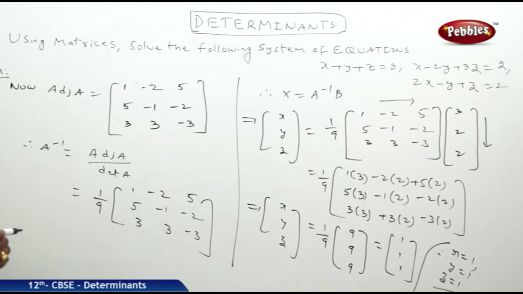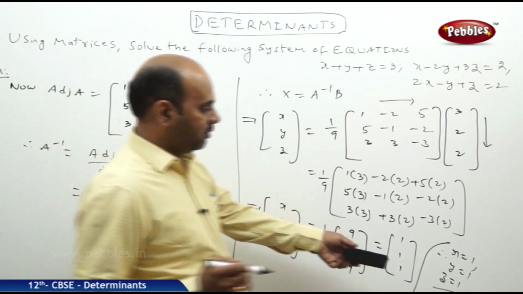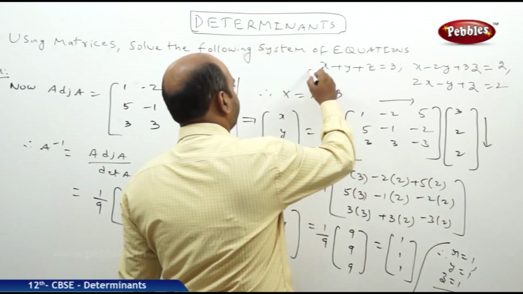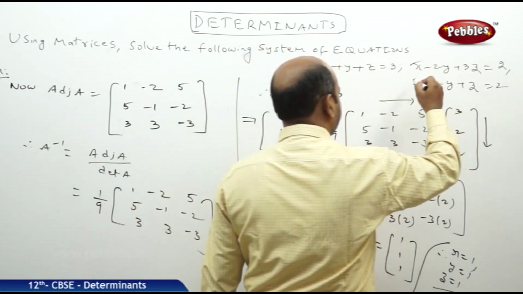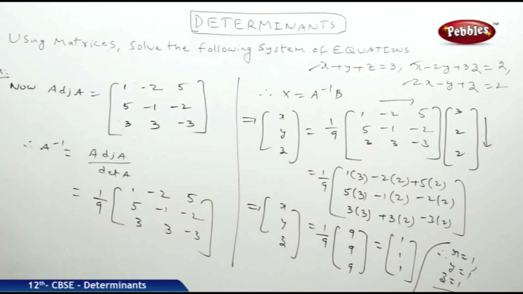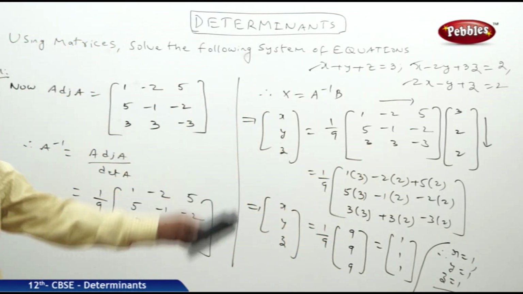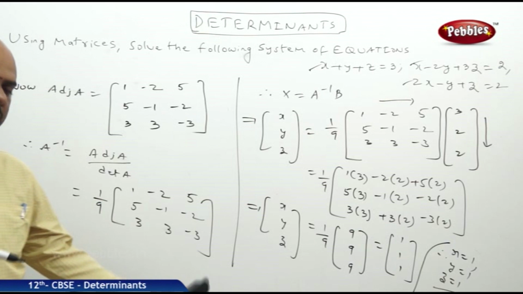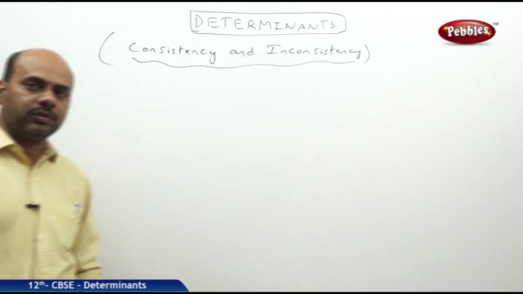So definitely by substituting x is equal to y is equal to z is equal to 1 in the given equations, this equation is getting satisfied, this equation is getting satisfied, this equation is getting satisfied. Therefore the solution to the given system of equations is x is equal to 1, y is equal to 1 and z is equal to 1.